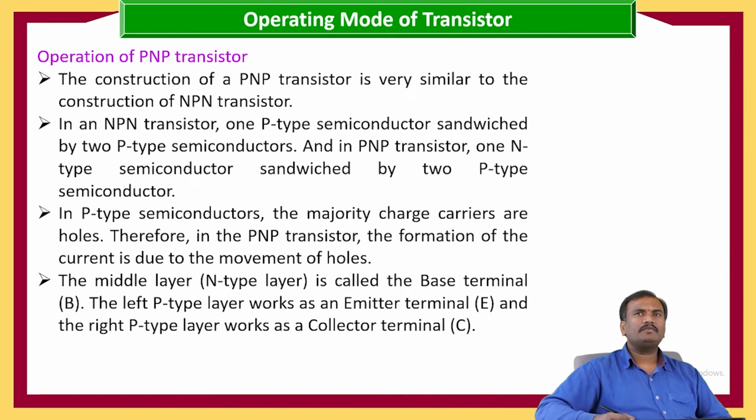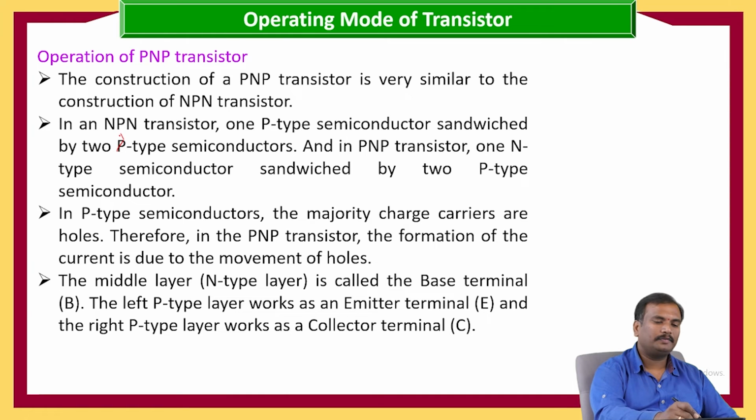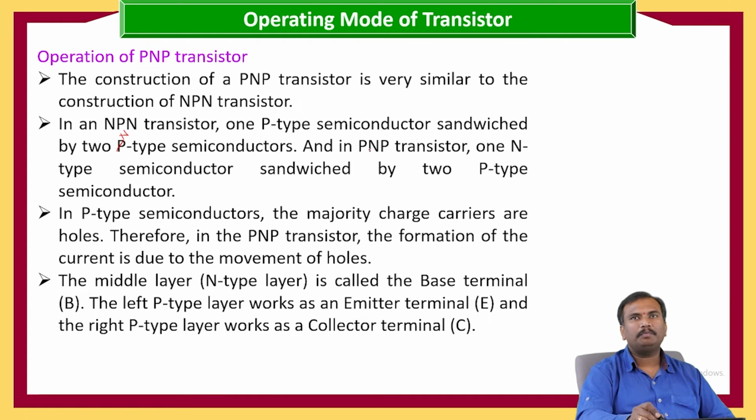The construction of a PNP transistor is similar to the NPN transistor. In an NPN transistor, one p-type semiconductor is sandwiched by two n-type semiconductors. And in a PNP transistor, one n-type semiconductor is sandwiched by two p-type semiconductors.